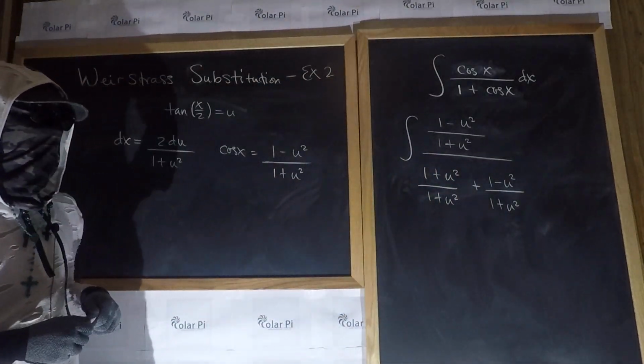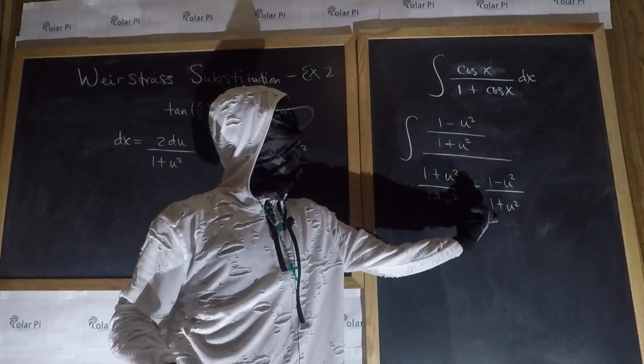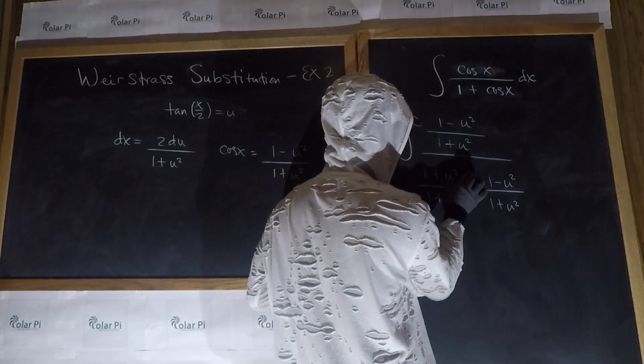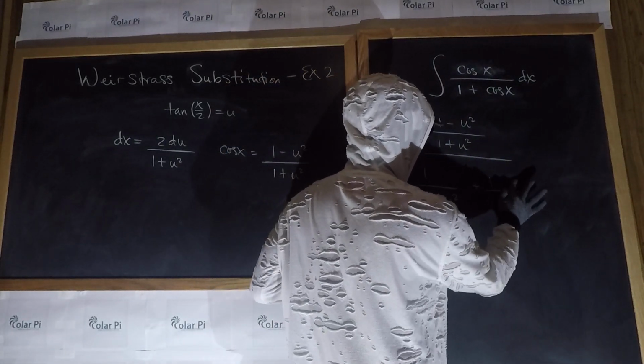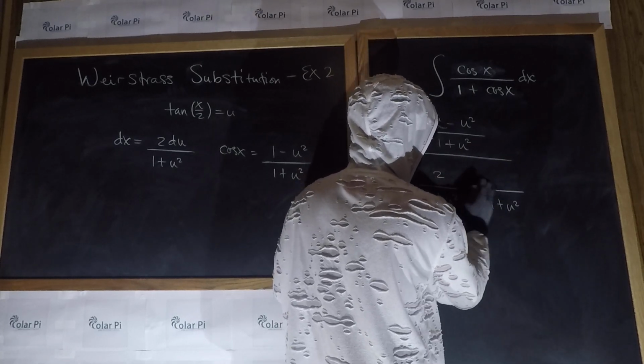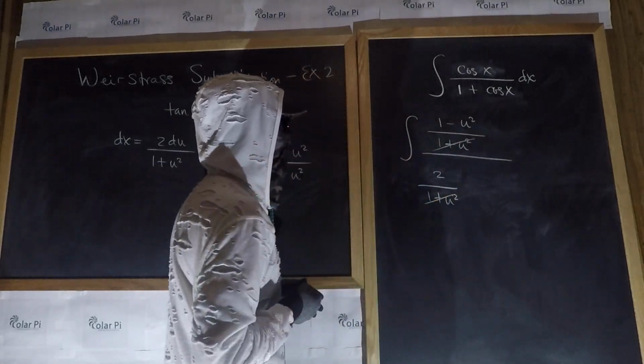And we still have to write dx, but notice what happens here. This is cos x plus 1, or 1 plus cos x. In the numerator, this is going to cancel that. We're just going to get a 2 over 1 plus u squared, like that. And then of course this is going to cancel that there.